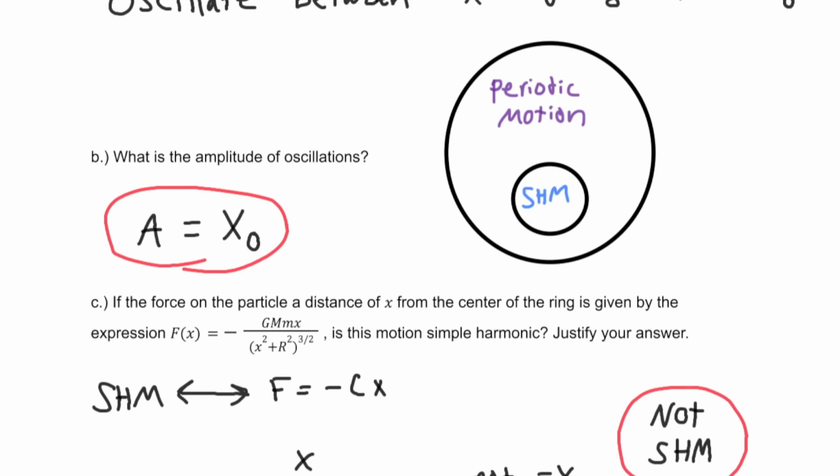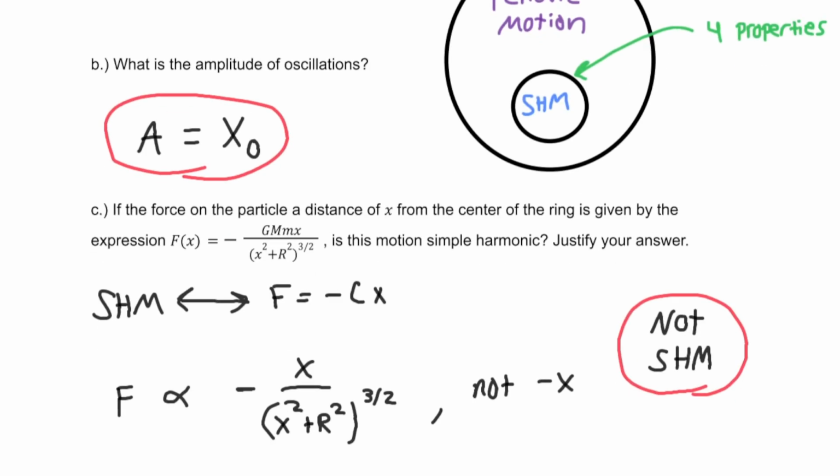So periodic motion just means the motion is repeating at a set frequency, but for SHM, the 4 conditions must be met. So if it has the 4 properties, then it fits into the special bubble of simple harmonic.